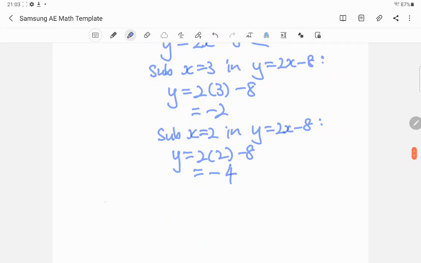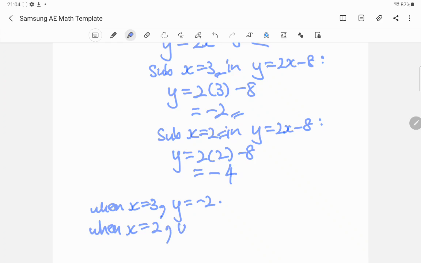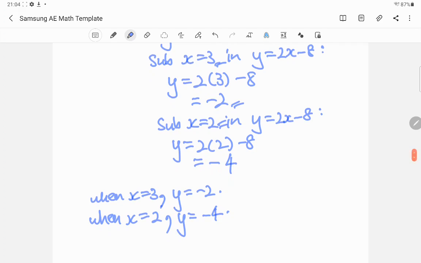When x equals 3, y equals minus 2. When x equals 2, y equals minus 4. So basically, we have found the values of x and y.